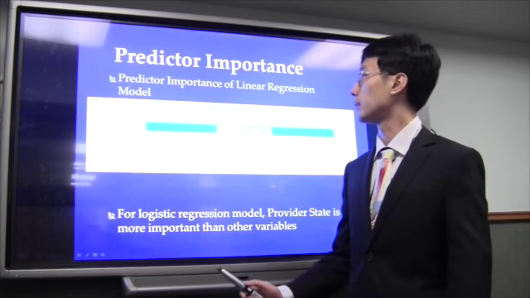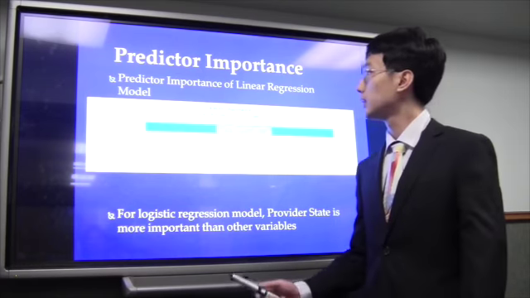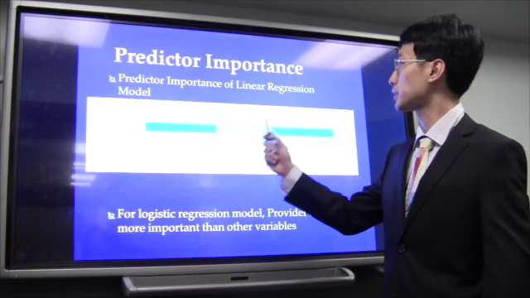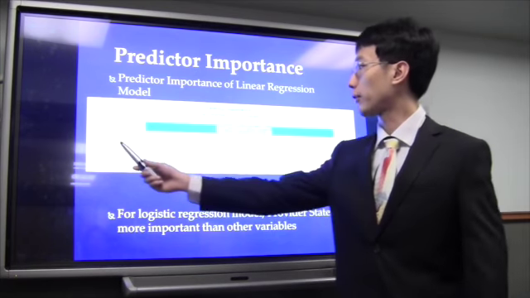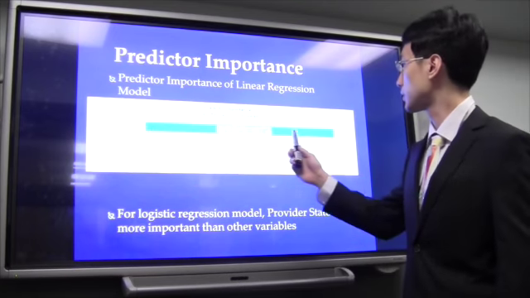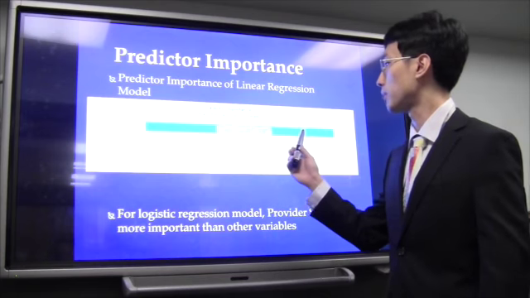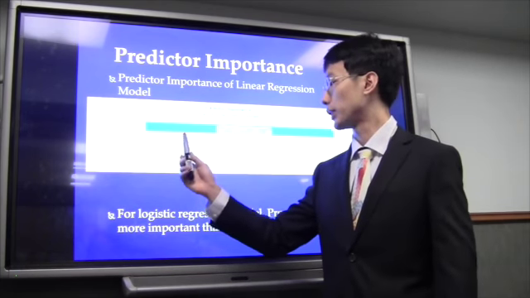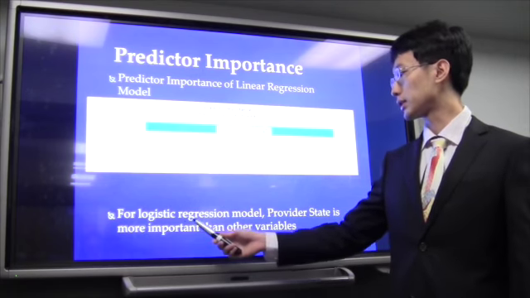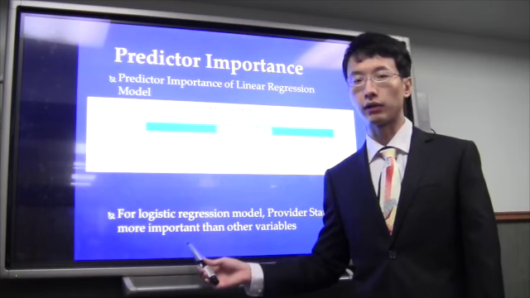Then the next part of our model assessment is predictor importance. For the first model, the linear regression model, we can see the average total payment divided by per capita income is the most important predictor. It's much more important than the other 3 predictors. For the logistic regression model, the provider state is more important than the other variables.